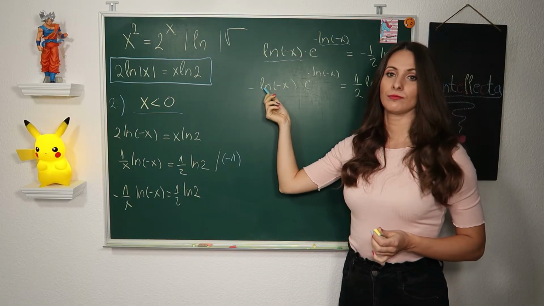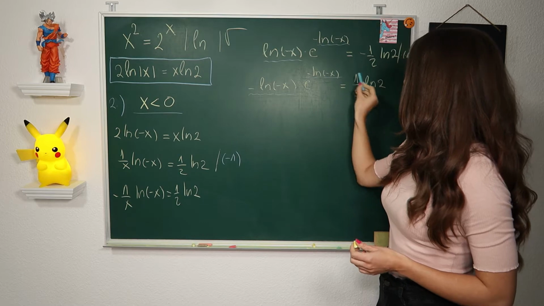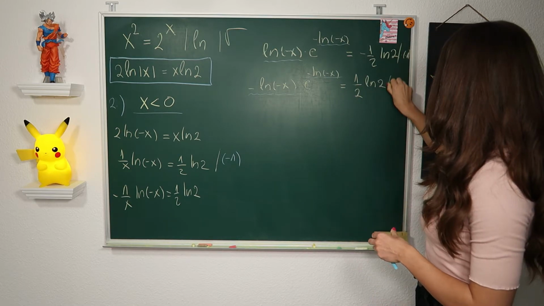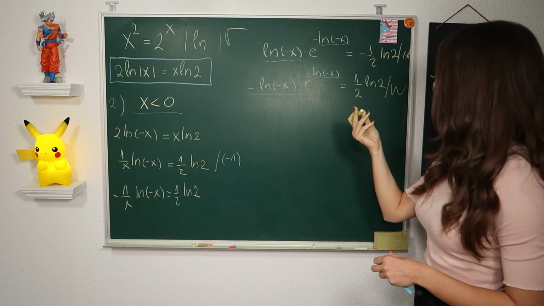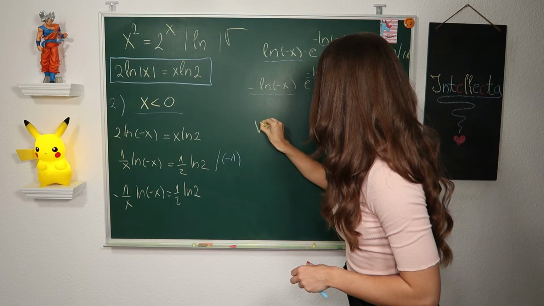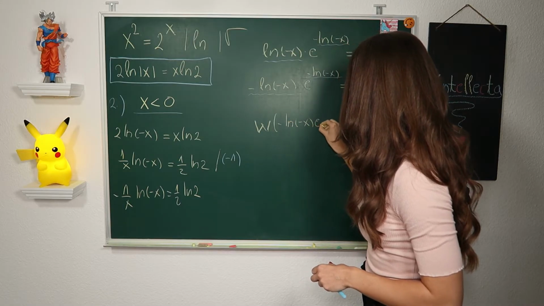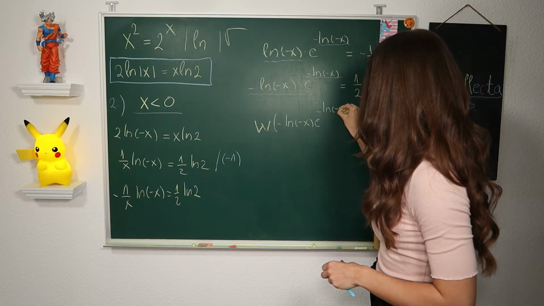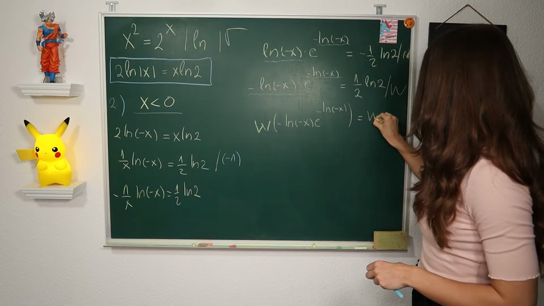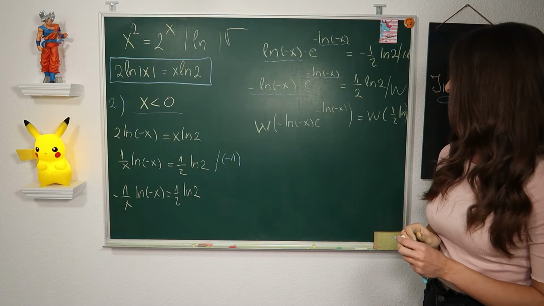What should we do now? Now we have the same here and here. We should apply the Lambert W function. And we have W of negative ln of negative x e to the negative ln of negative x is equal to W of 1 over 2 ln of 2.